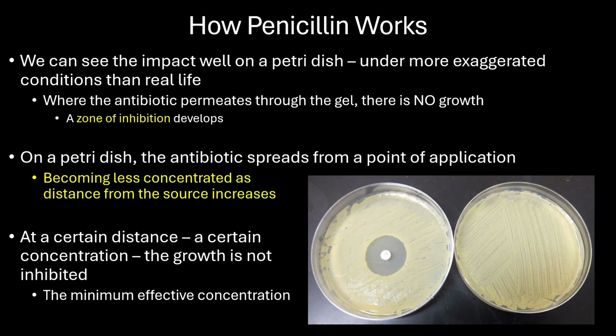At a certain distance, as this antibiotic diffuses through the environment, the growth will not be inhibited. Essentially, when the antibiotic is low enough in concentration that it's not deadly for the bacteria anymore. This is what we call the minimum effective concentration, the concentration in which the antibiotic starts to be effective.